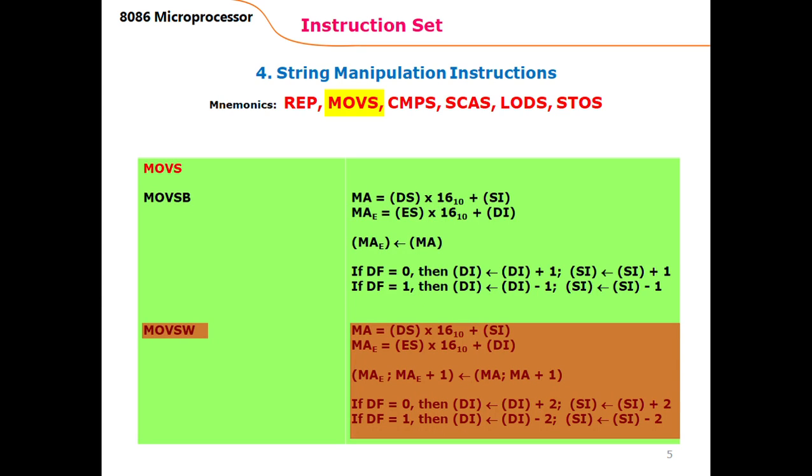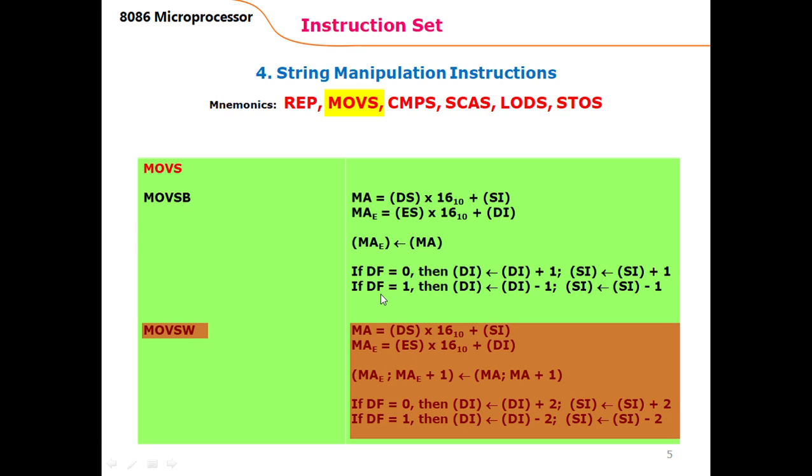Similarly, if 16-bit data is transferred from the data segment to the extra segment, that 16-bit data transfer is represented here with this W, which means word. So MOVSW would mean that it is a string data transfer instruction, and that 16-bit data is being transferred.